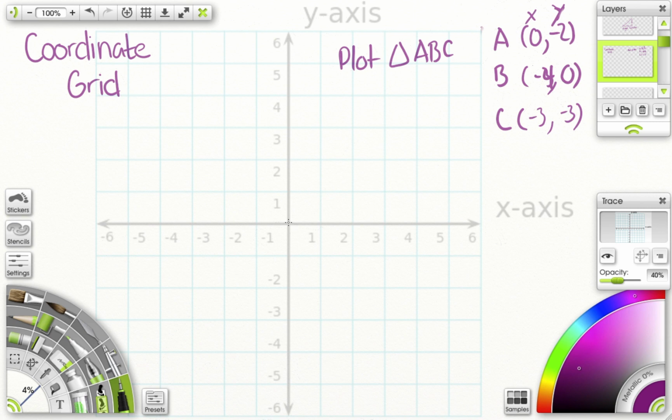I stay right on the line because it's not telling me how many spots to move left or right because it's at 0. Now I have to go to -2. So I go to -2 on my y-axis, which is my up and down axis. So I have to go down 2 spots. So I go 1, 2 spots down. So I'm going to have a point that is right on the line. And that is my A.